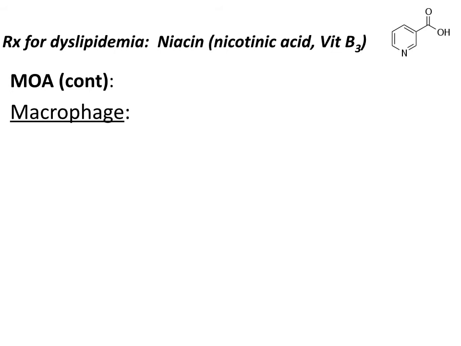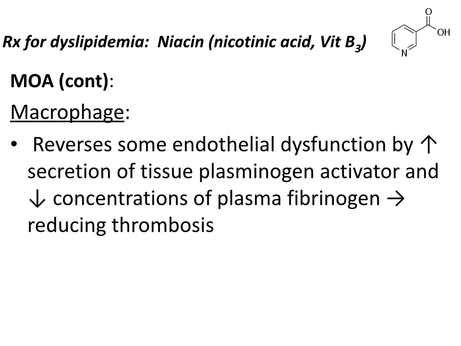Niacin reverses endothelial dysfunction, so those are the cells in the vessel wall, by reducing thrombosis: increased secretion of plasminogen activator, reducing plasma fibrinogen.